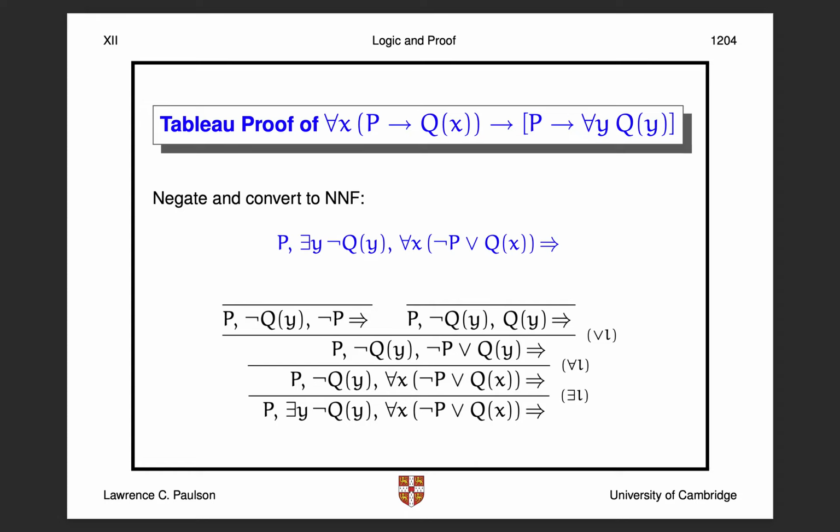So to prove a formula A, as we remember, is the same as refuting the formula not A. So we are going to negate this thing, convert it to negation normal form, and then put it on the left-hand side of the sequent arrow. A proof of this sequent will be a refutation of the negation of the original formula.